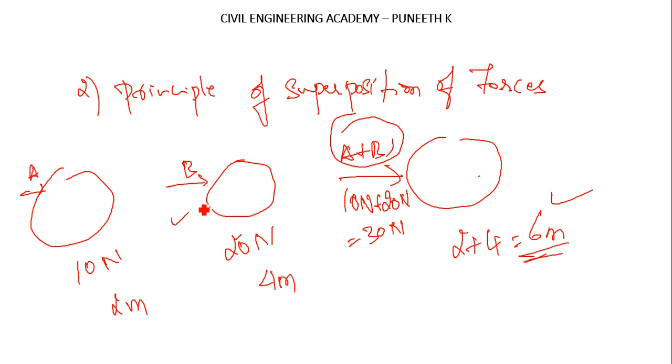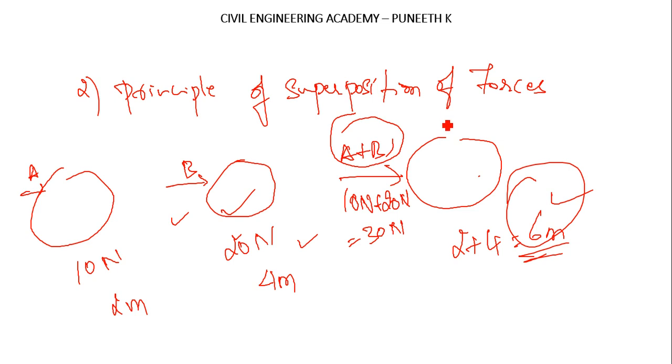Please observe here. An object was applied with the force 10 Newton, it travelled 2 meters. The same object was applied with 20 Newton, the object travelled 4 meters. When both forces were combined, the effect that you are going to get is the same. Then what is the definition of principle of superposition of forces?